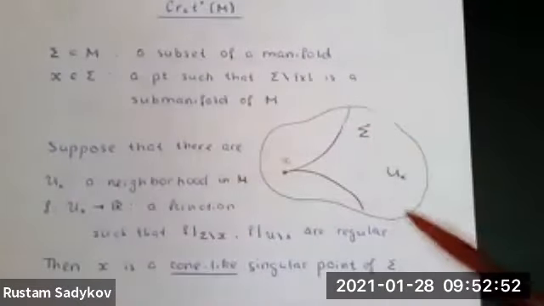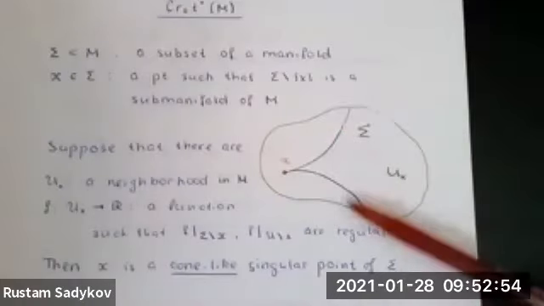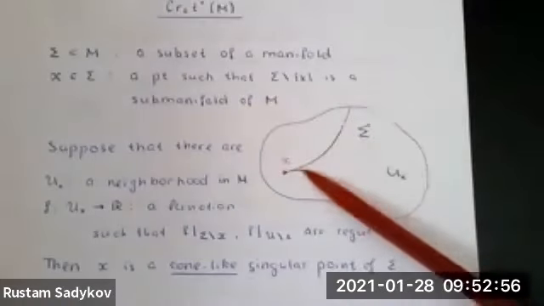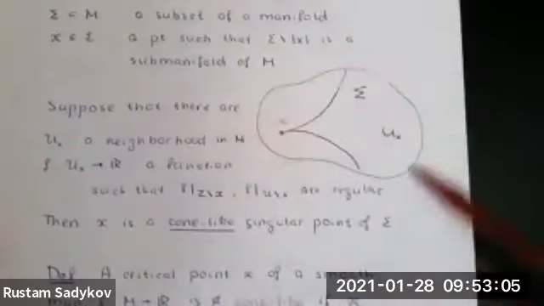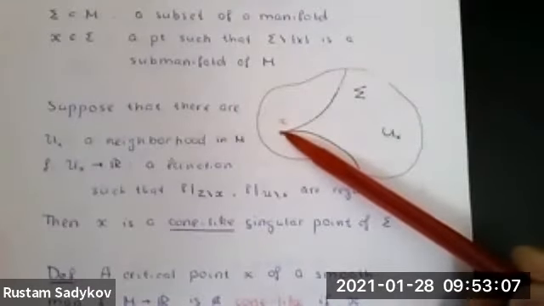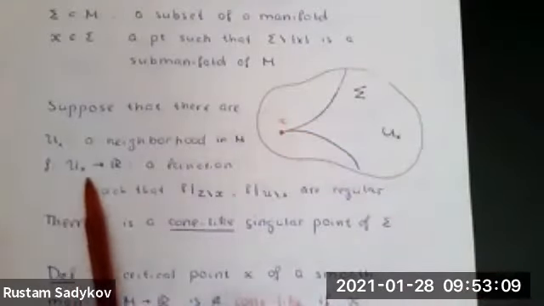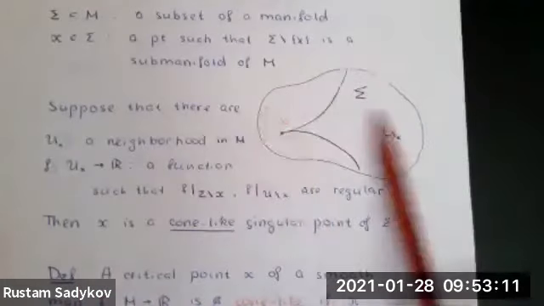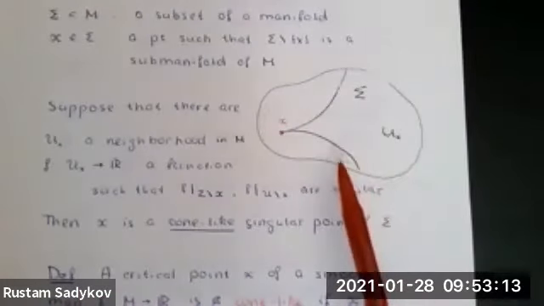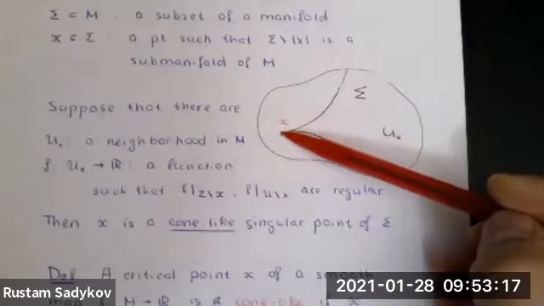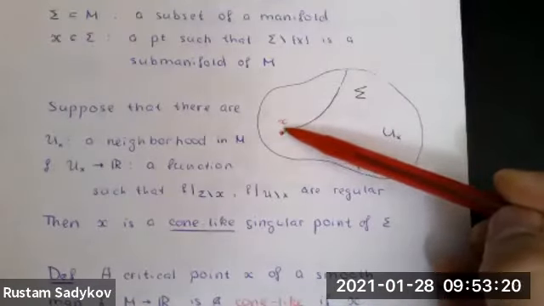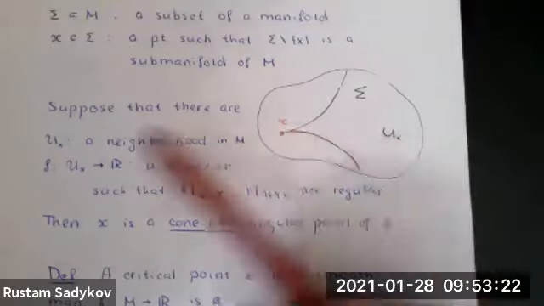So U is a neighborhood in the manifold M. Sigma is a subset in the manifold M, and if you remove x from sigma, then you get a submanifold. Suppose that there is a neighborhood of this singular point, and suppose that there is a function f on this set U such that this function has two properties. First, outside of this point, the function has no critical points, so this is the only critical point of this function.